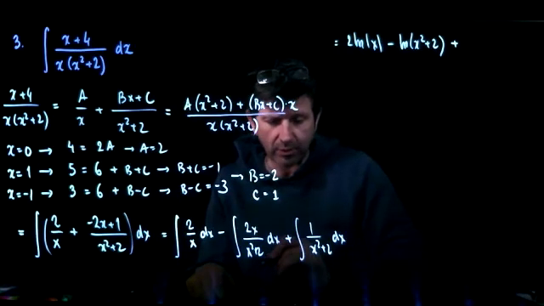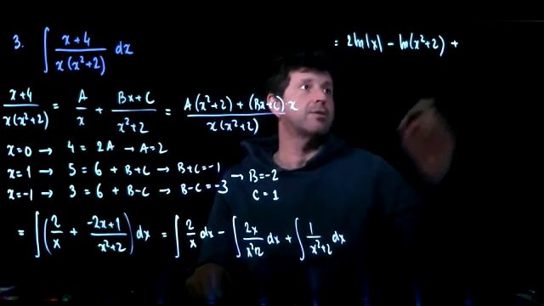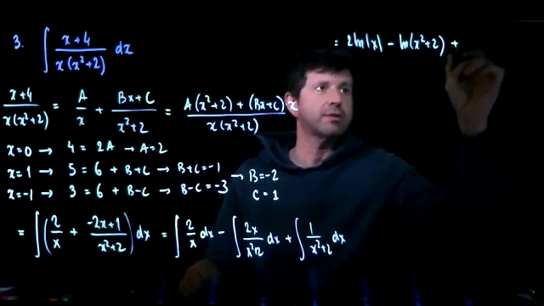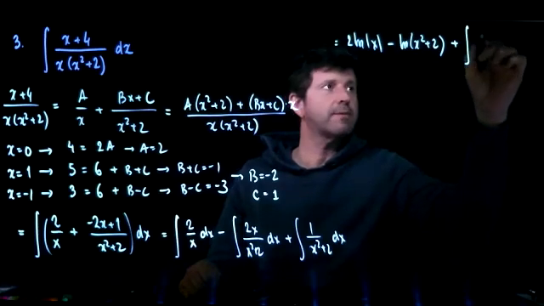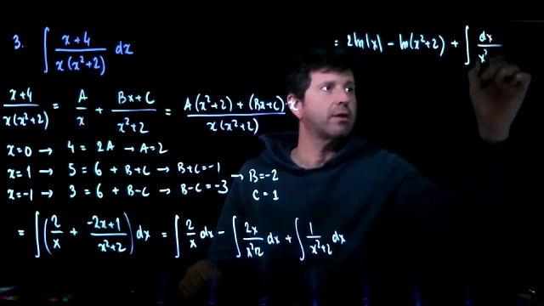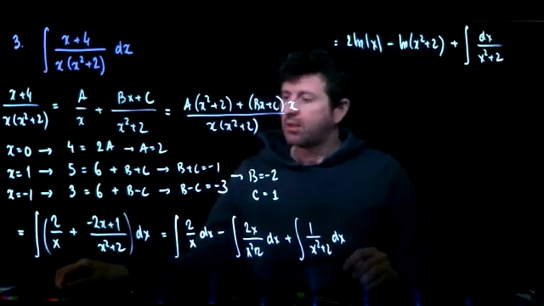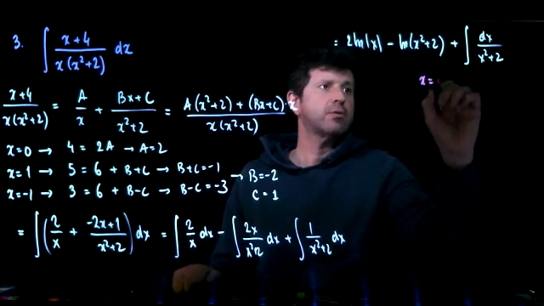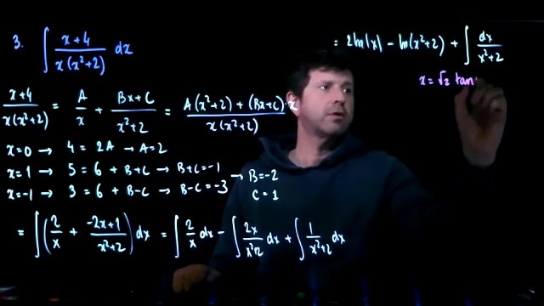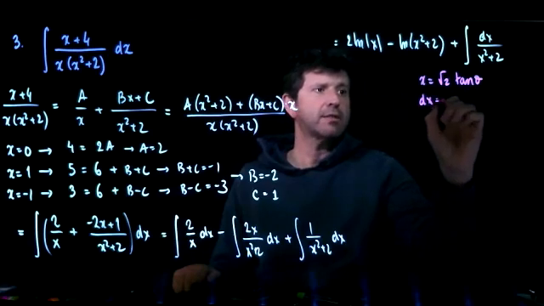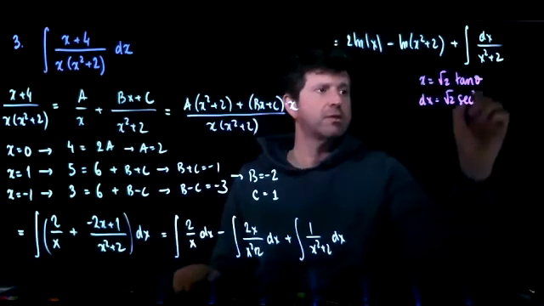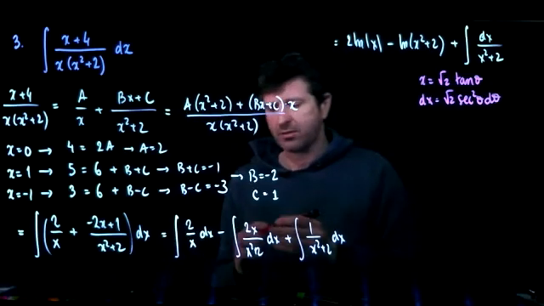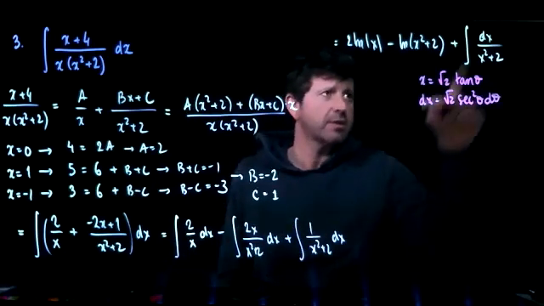So I guess you guys don't know it. So let's evaluate this integral separately, dx over (x² plus 2). The substitution is x equals square root of 2 tangent theta. dx is square root of 2 secant squared theta d theta. So I'm doing all the steps.